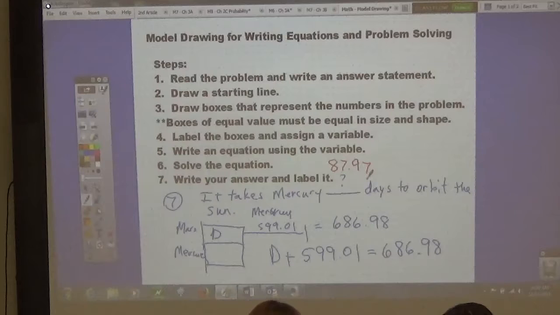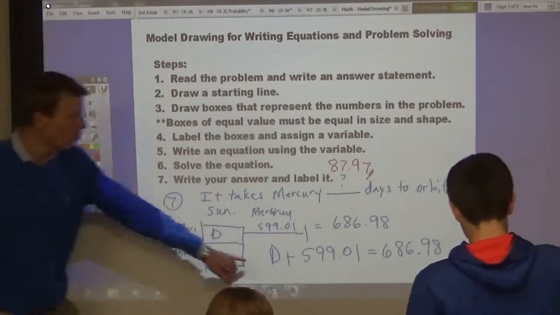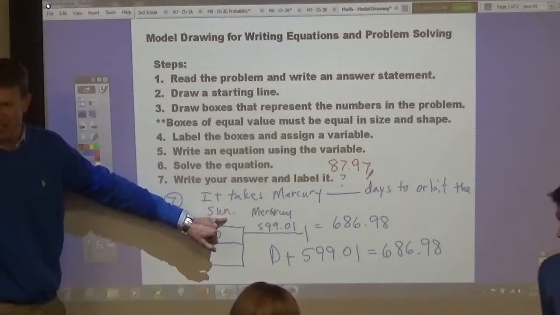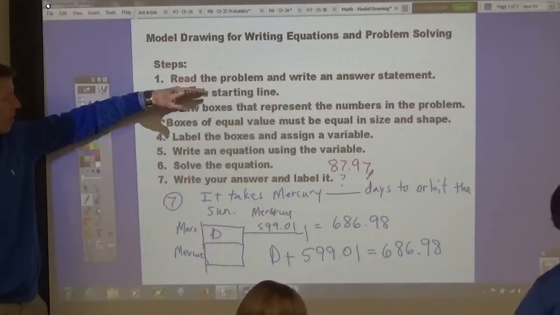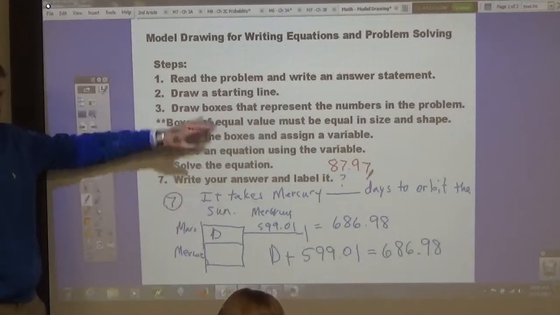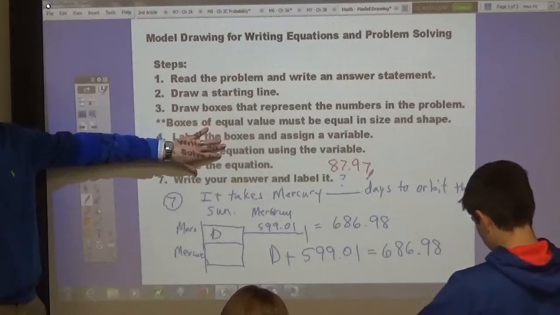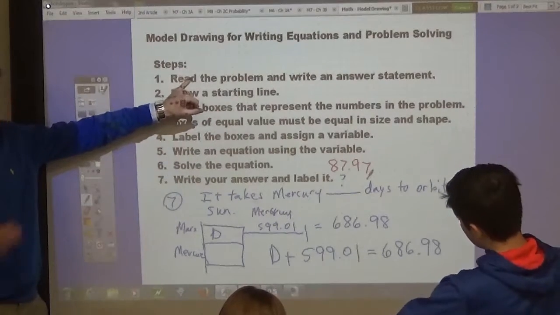Actually, I got that a lot easier way. I just did this minus 6. But you also need an equation. And you have to draw it out. Okay? So these are worth 7 points. Sit down, you guys.